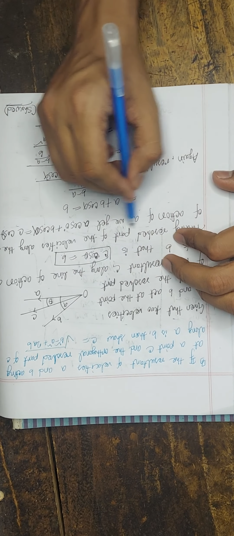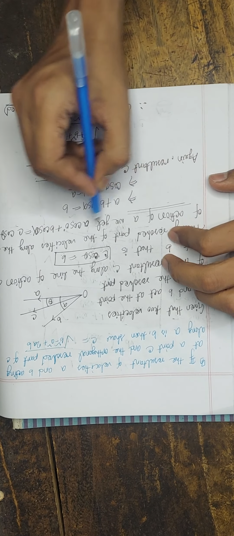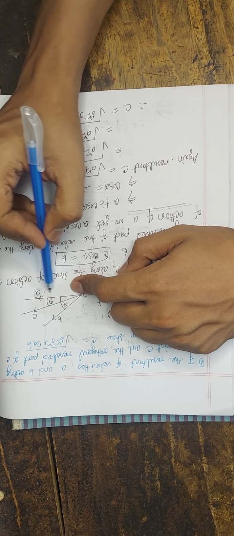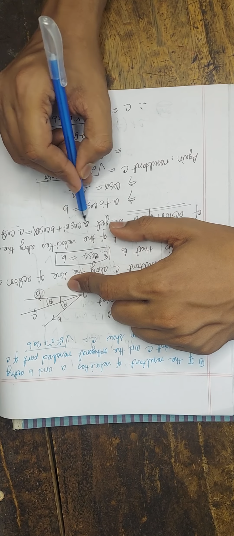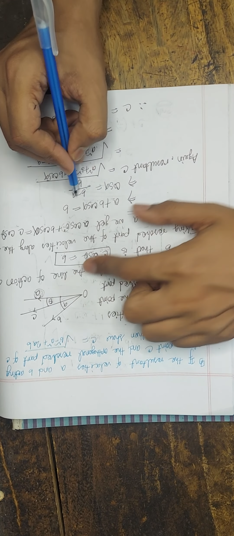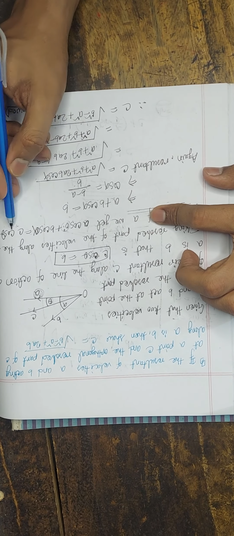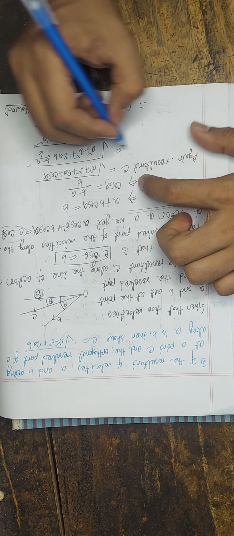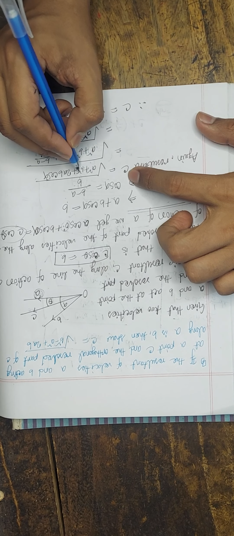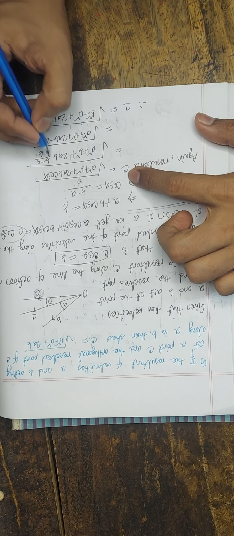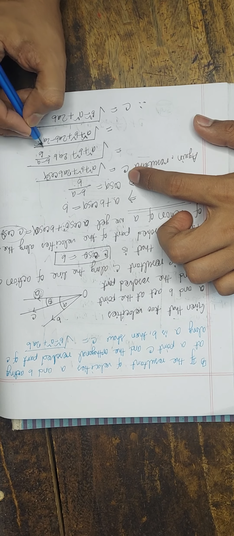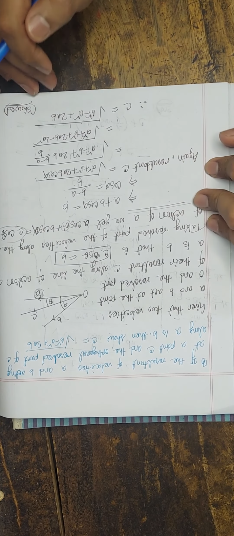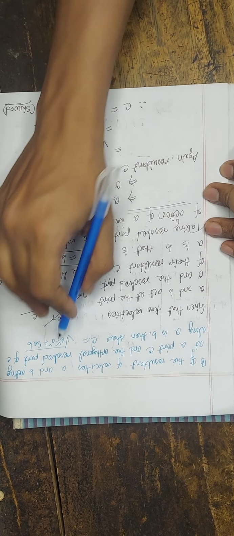Because we take the resolved part along the line of action of A, so the angle between this line and this line is 0. So A plus B cos alpha is equal to B, substituting C cos theta by B. So cos alpha is equal to (B minus A) by B, and the resultant C is equal to root over (A square plus B square plus 2AB cos alpha). We substitute cos alpha by (B minus A) by B, and we get C is equal to B root over (B square minus A square plus 2AB). This is the required statement we need to prove here.